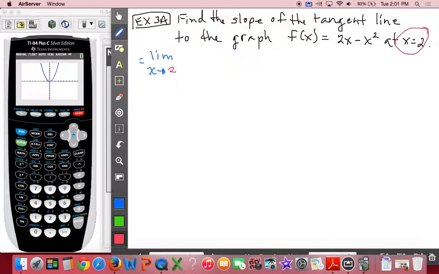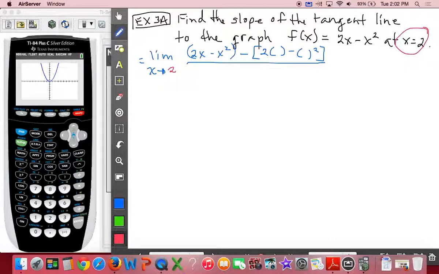Well, this time it's not going to be x squared minus 2 squared over x minus 2. It's not going to be that because that's not our function. Our function is not x squared. What's our function? The 2x minus x squared. So you start with your original function, 2x minus x squared, minus the original function again, but we're going to input, wherever there's an x, the number that we're approaching.